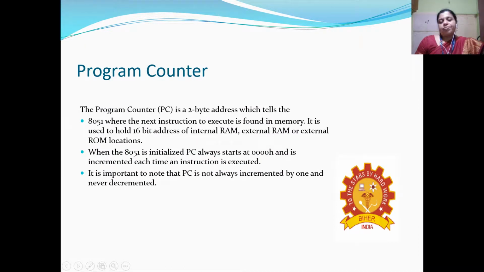The next block in the architecture is the program counter. The main purpose of the program counter is to keep track of the program. It tells the 8051 where the next instruction is available in the memory, and it is also used to hold the 16-bit address of internal RAM, external RAM or external ROM.